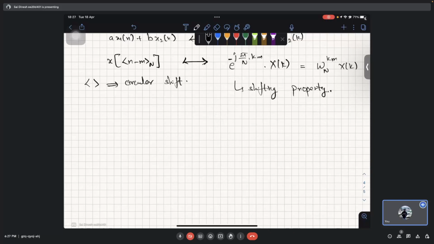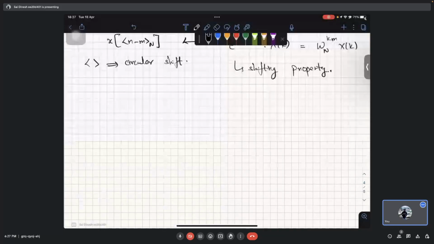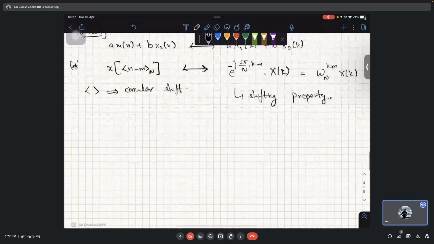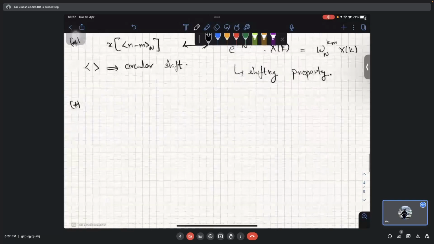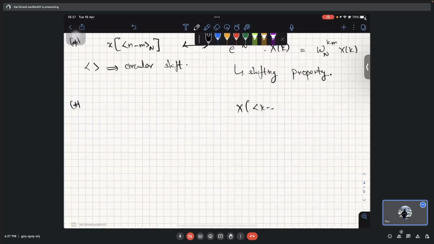This means circular shift. Now, let's say instead of shifting in the time domain, we shift in the frequency domain. So X of k minus l, which is circular shift, then this will be W_N power minus ln into x of n. This is the shifting property, right?